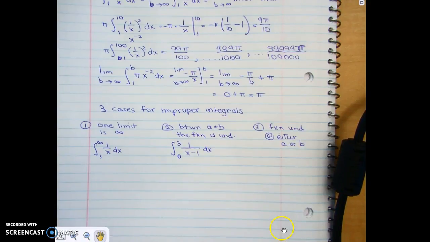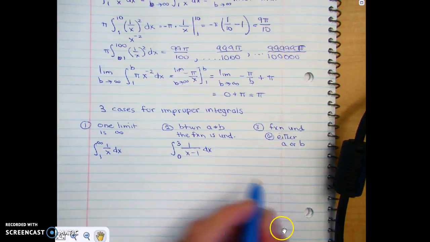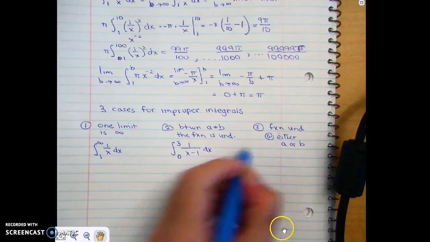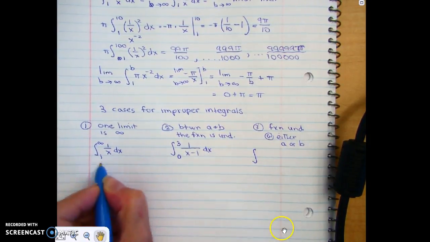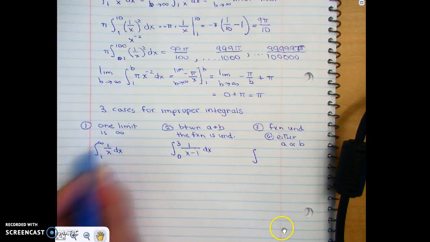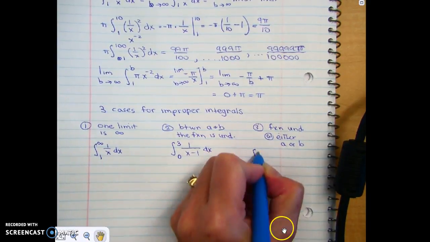So I think you can see that that function is undefined at 1, and 1 is on the interval from 0 to 3. And then the other case, we could actually just take this one here, and instead of going from 1 to infinity, why don't we go from 0 to 1?